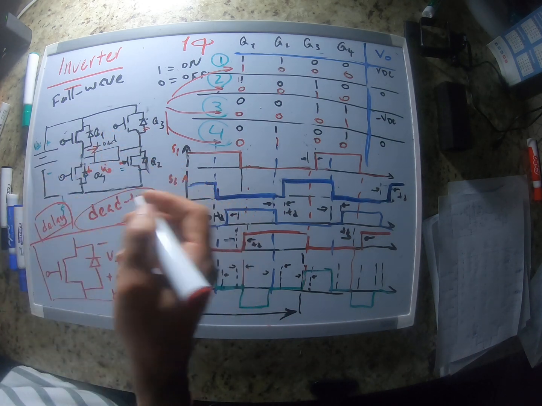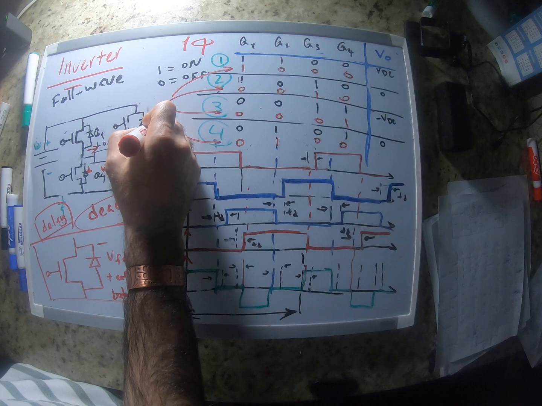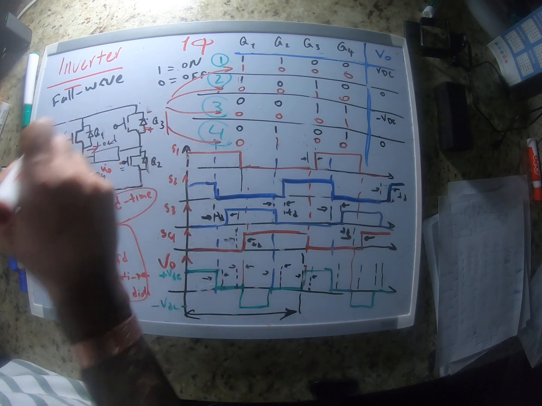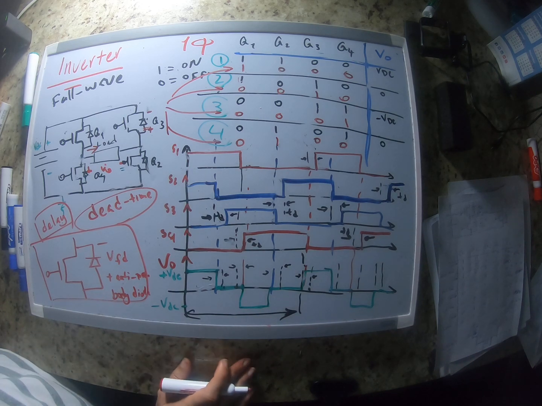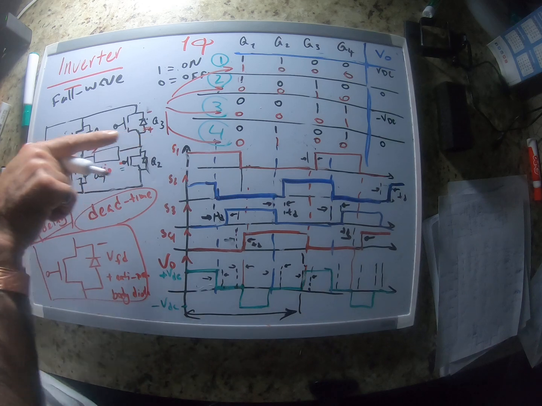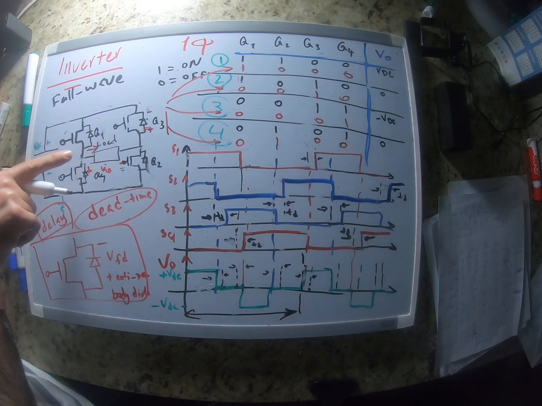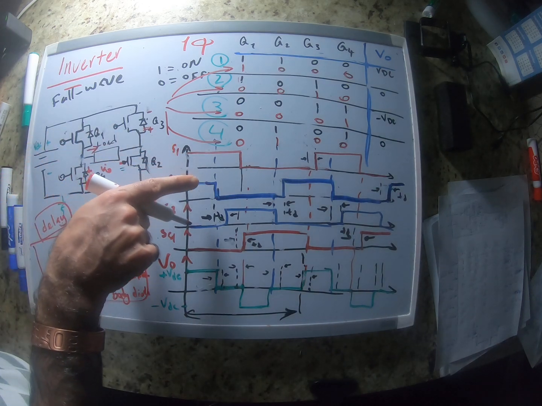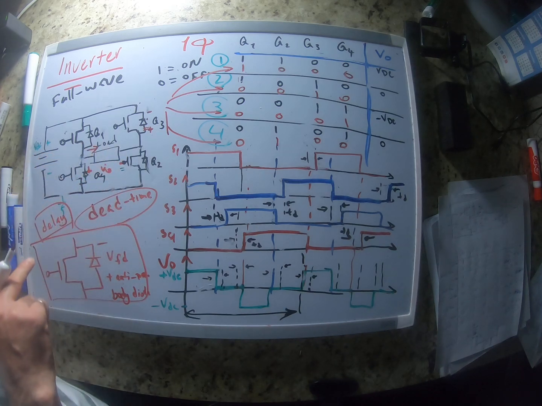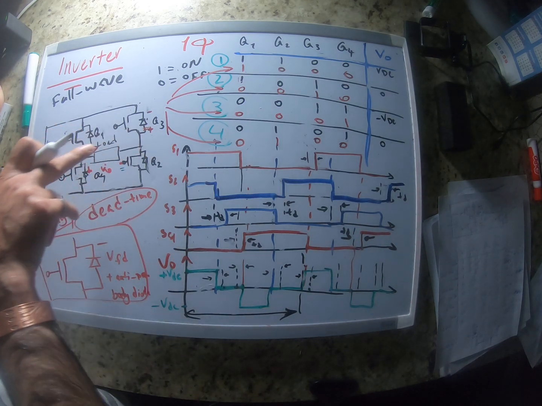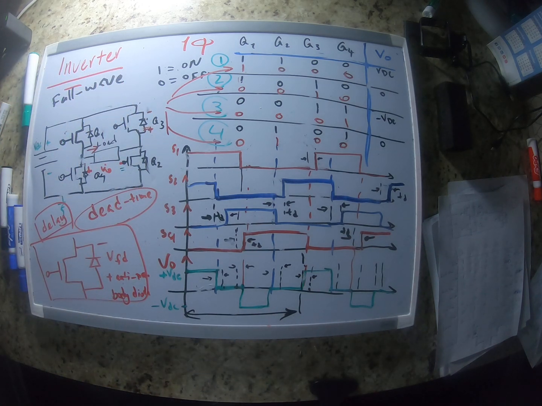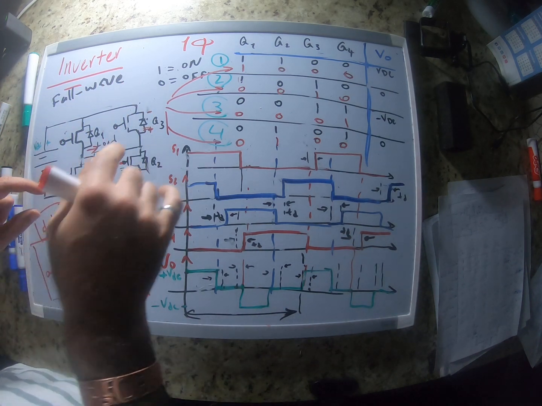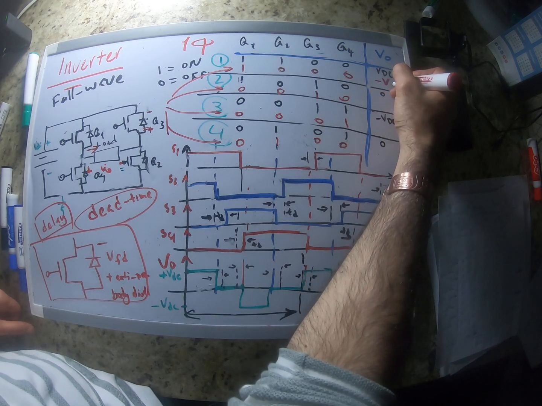We're not going to ignore the forward bias voltage of the diode, so let's take that into consideration. If the load current is going this way, for example if this is a resistive load, then the voltage across the load is going to be negative VFD.